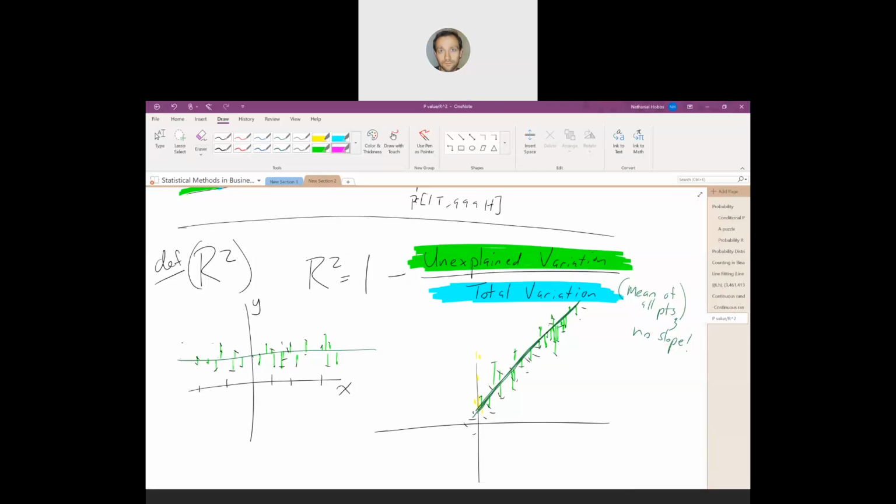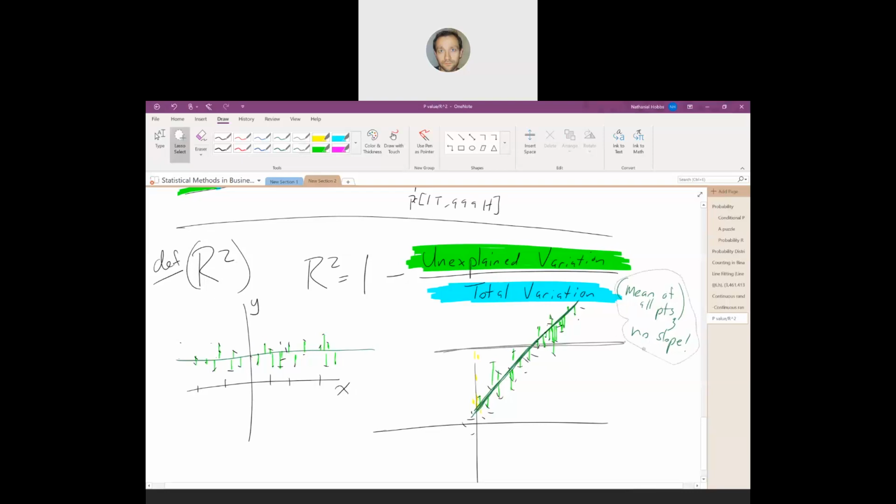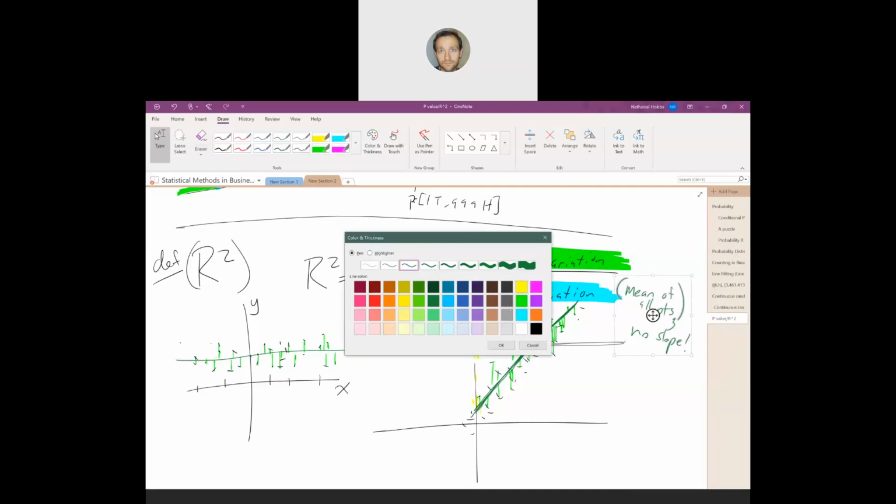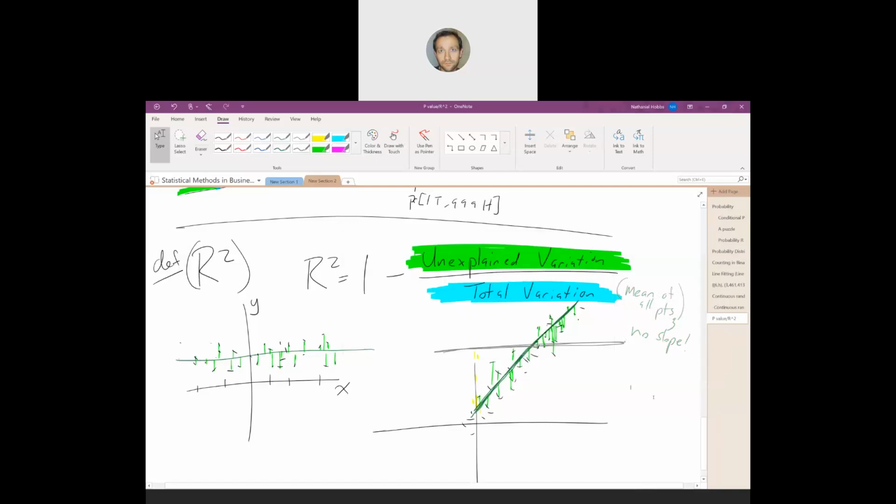The total variation is around the mean of the data. Should make this gray. Fine. And this is the total variation.